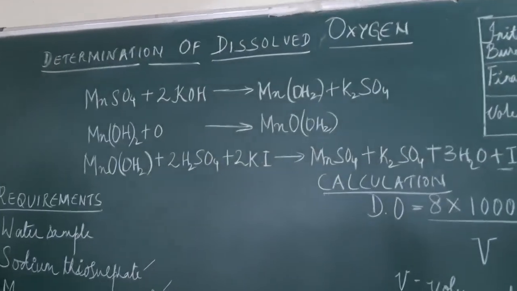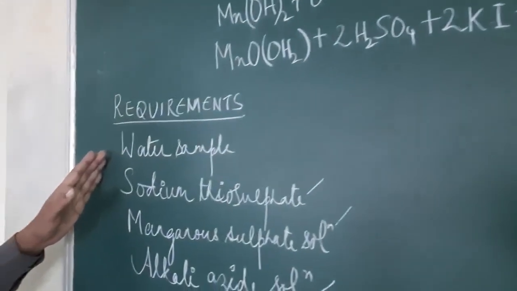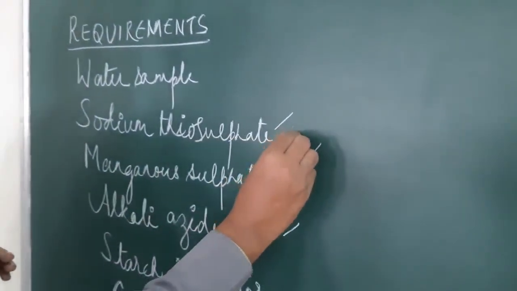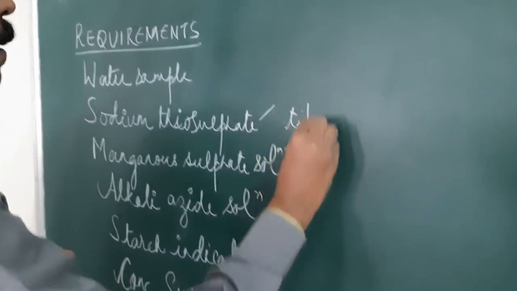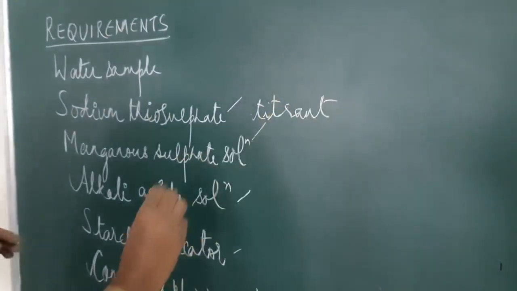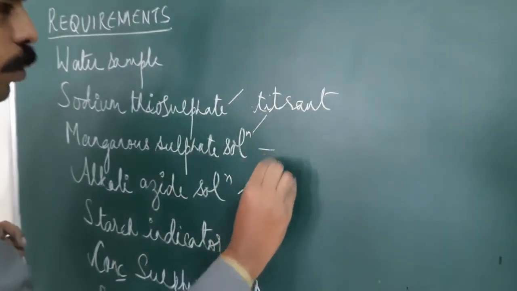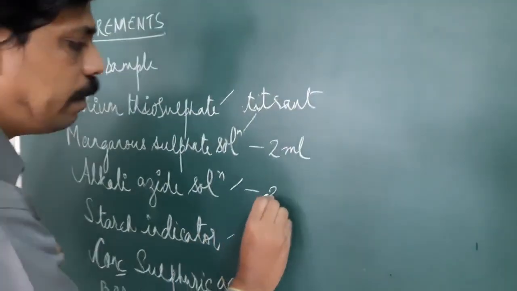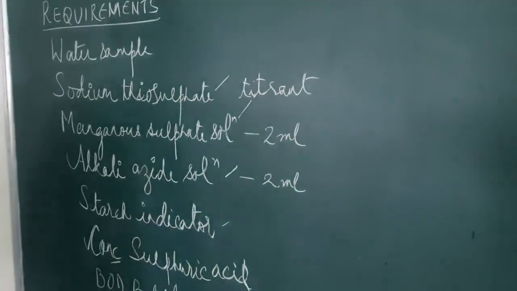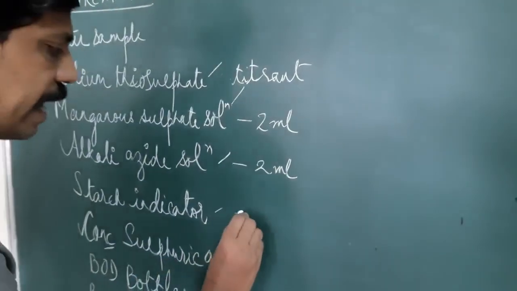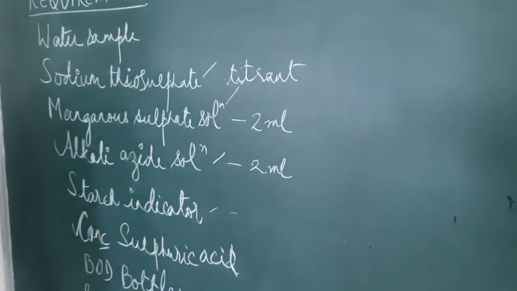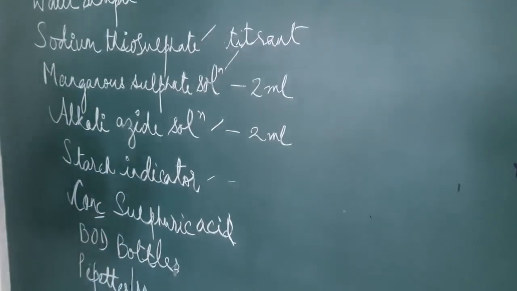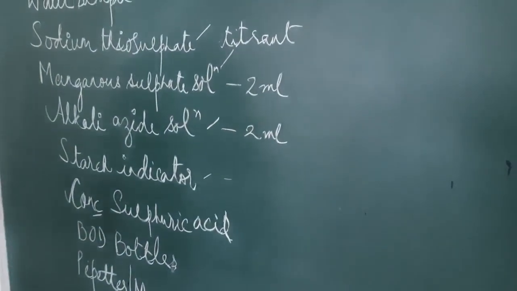So these are some of the requirements. Basically we need a water sample, the sodium thiosulfate, which is used as the titrant, and manganese sulfate is added to the water sample, around 2 ml, and then the same amount of alkali azide solution is added. Starch is added as an indicator, and concentrated sulfuric acid is added to dissolve the precipitate that is formed.